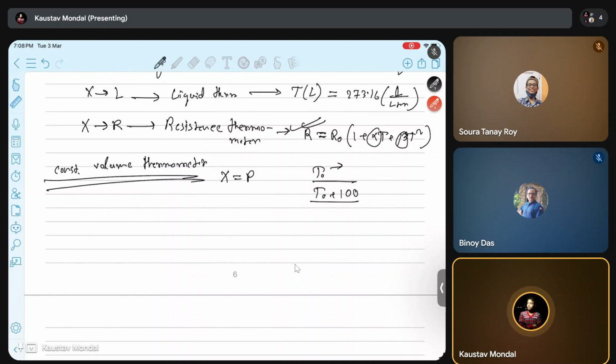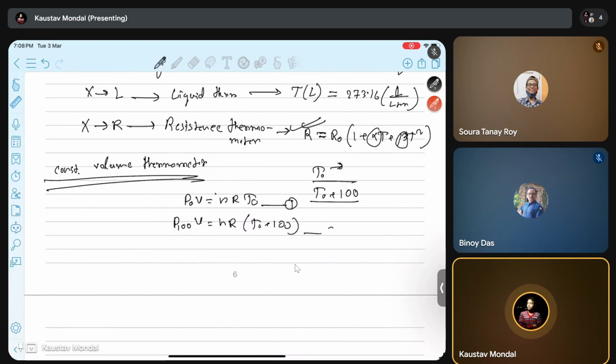T0 is basically the ice point of that particular gas, and T0 plus 100 is the steam point. Now from the ideal gas equation, you can write P0 V = nR T0, and for this one you can write P100 V = nR (T0 + 100).